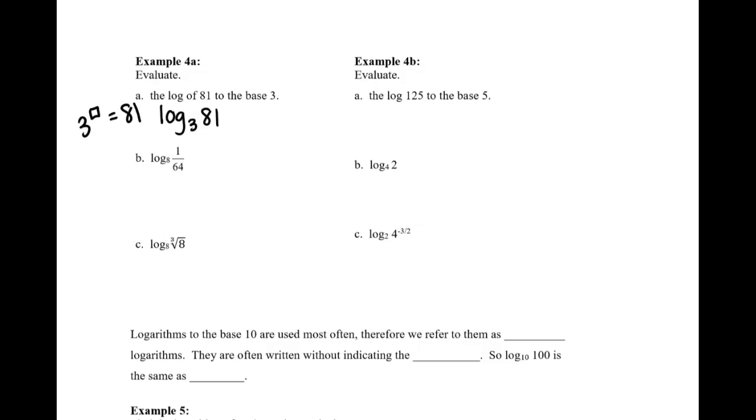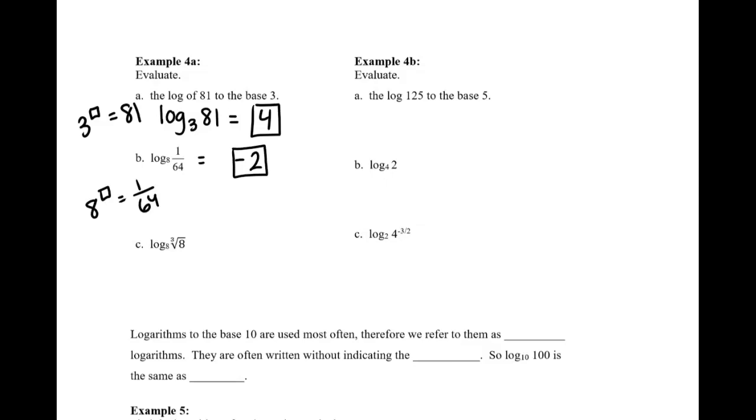So since 3 to the 4th power is 81, log base 3 of 81 equals 4. For the next one, we're looking at 8 to what power equals 1 over 64. 8 squared is 64. It's on the bottom of a fraction, so it's negative 2.